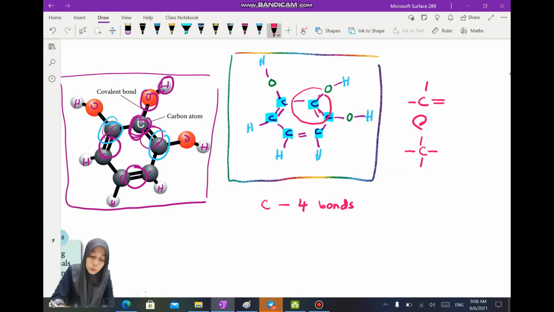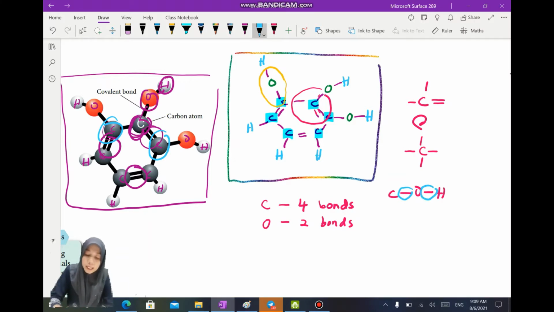Manakala untuk O, kalau kamu tengok O, nampak tak O ni? O dia hanya terikat kepada 2 ikatan sahaja. O dia terikat kepada H dan juga dia terikat kepada C. So bermaksud kat sini dia ada 1, 2.